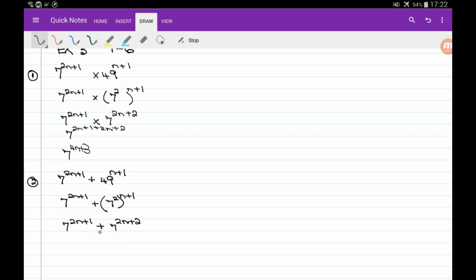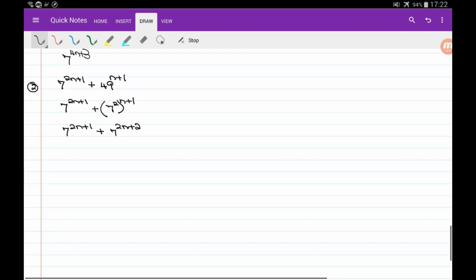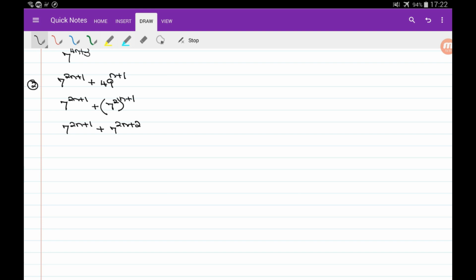Now, I am adding those two bases. My exponential laws are of no use to me whatsoever in this circumstance. So my target here is to get rid of the exponential notation. I am going to undo my exponents.